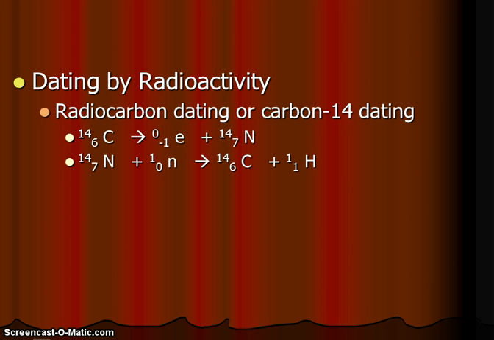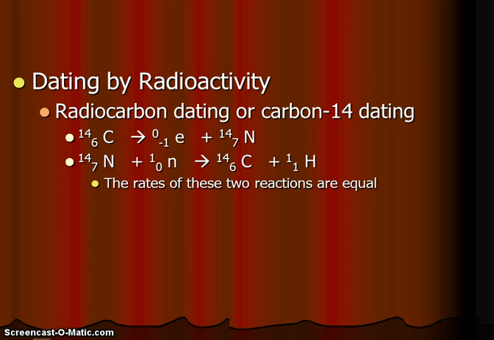And here we've got nitrogen-14 absorbing a neutron and forming carbon-14 and a proton. If we look at these two reactions, the second reaction is forming carbon-14, whereas the first reaction was decaying carbon-14. And in nature, the rates of these two reactions are equal.